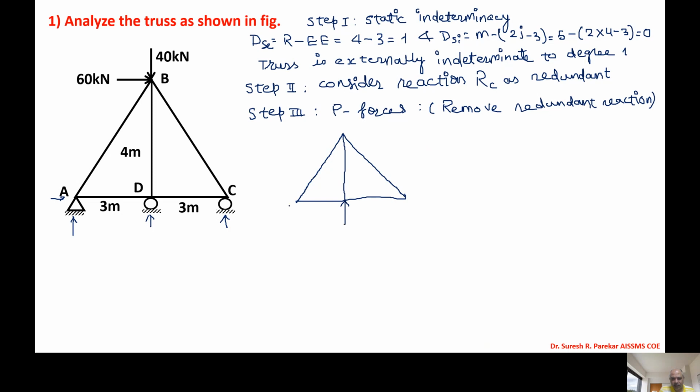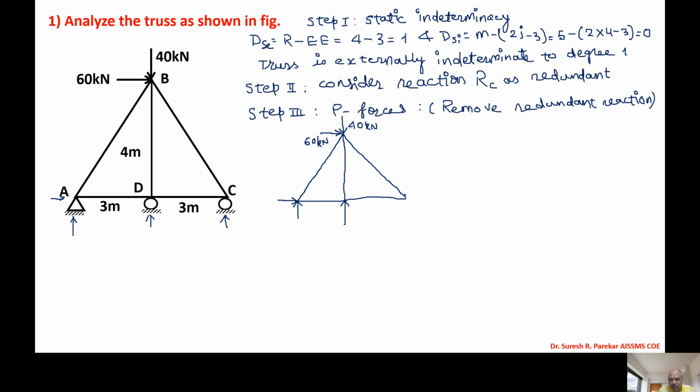So we have one reaction here, one reaction here, another reaction here, and two forces over here. This is 60 kilonewton, and this is 40 kilonewton.